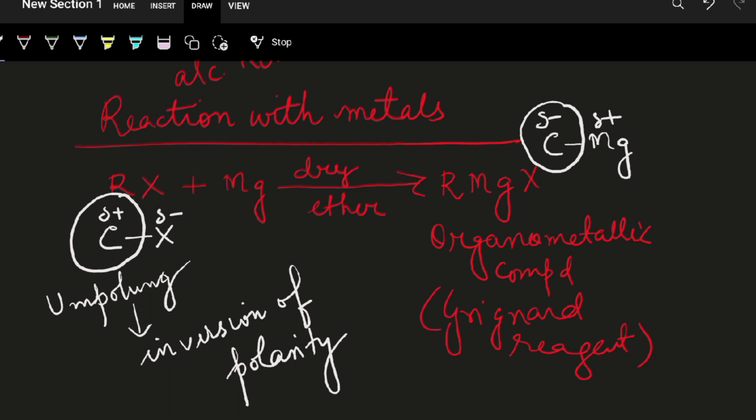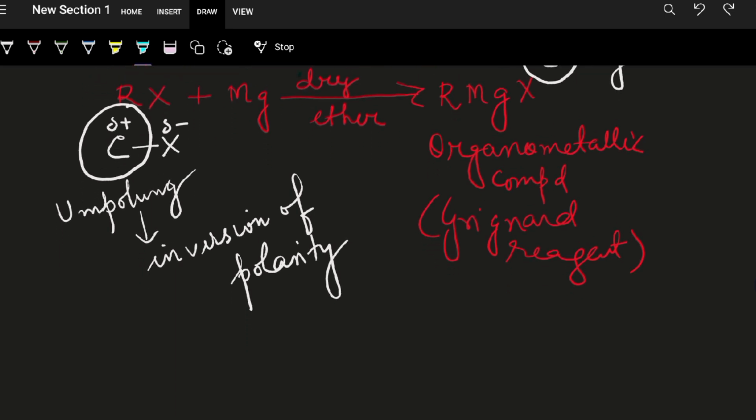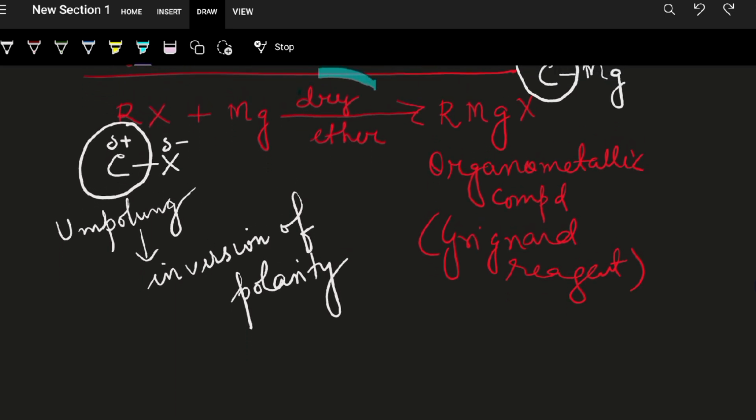Now, after this, mark this point that Grignard reagent formation can take place by this method which I have just now shown you. But the important fact is the medium should be dry. In the formation of Grignard reagent, one important fact is the medium should be a dry ether medium.